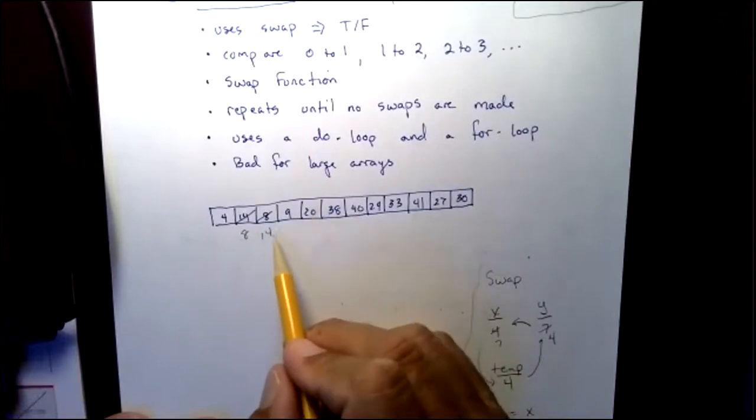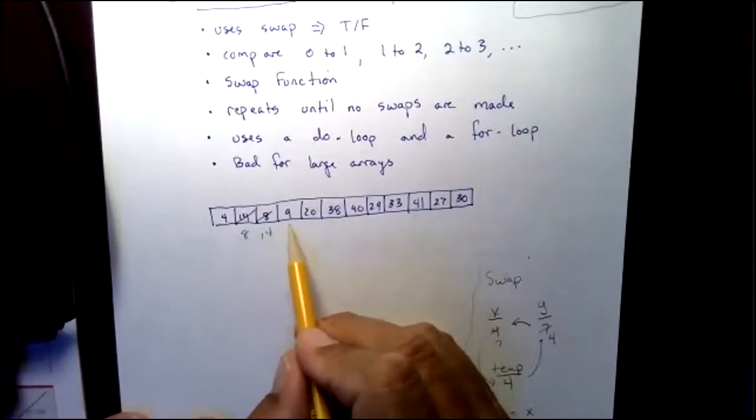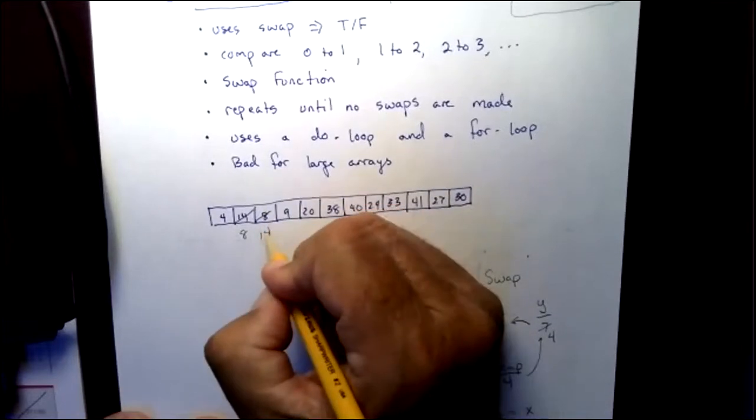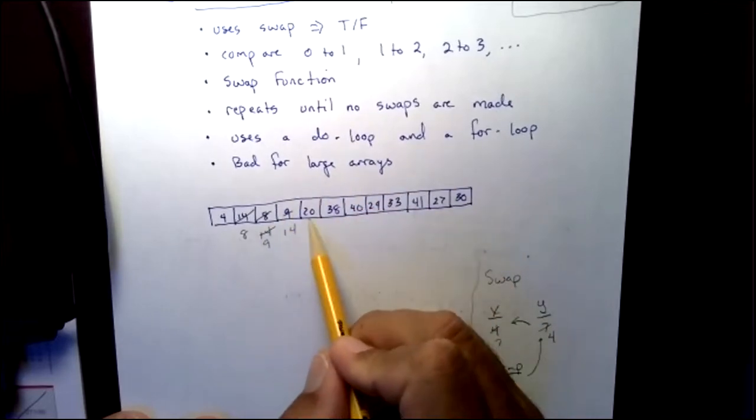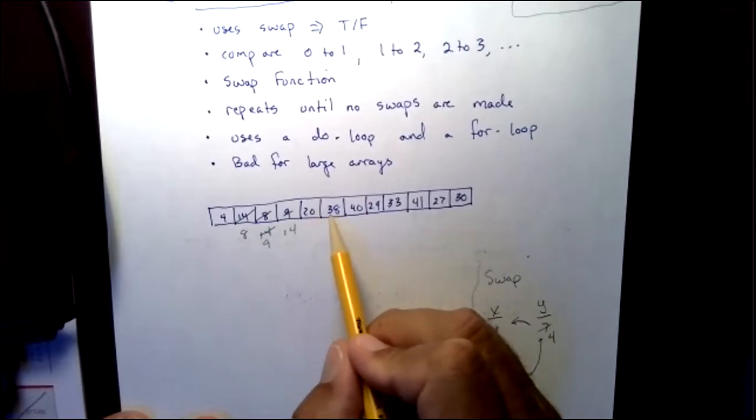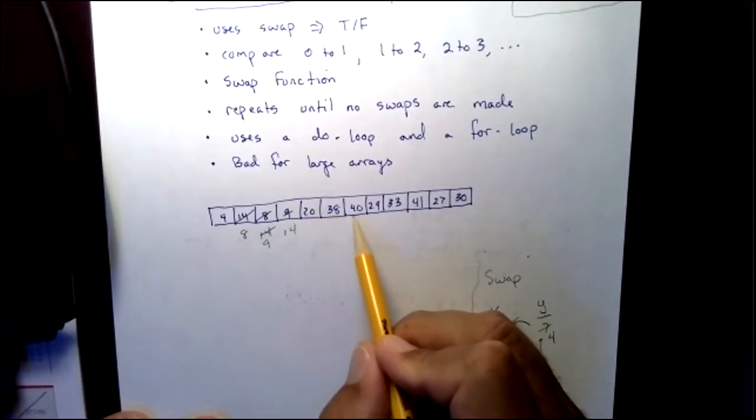I compare these 2 side by side, 14 and 9. Do they need swapped? Yep. So this now becomes 9. This is 14. I compare 14 and 20. Do they need swapped? No. 20 and 38. No. 38, 40.